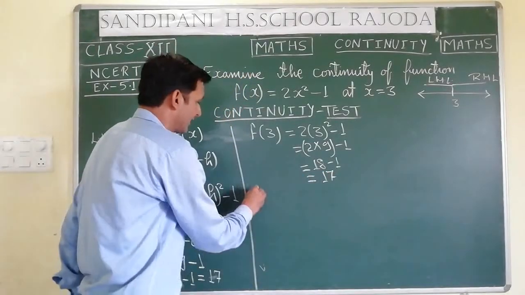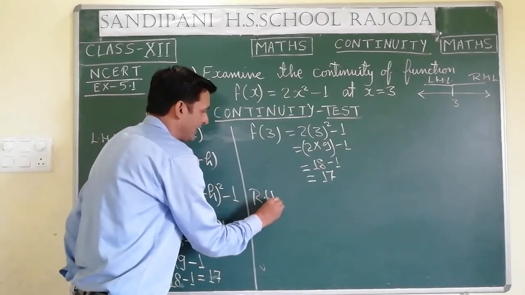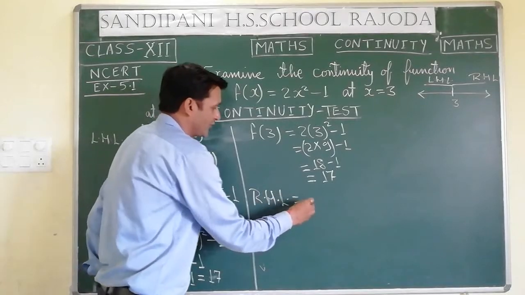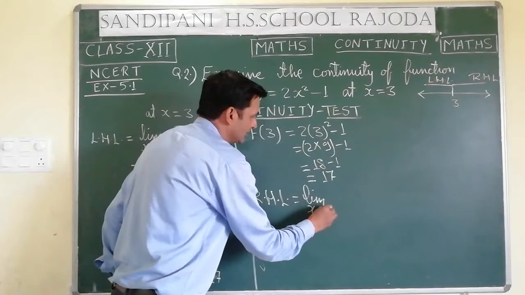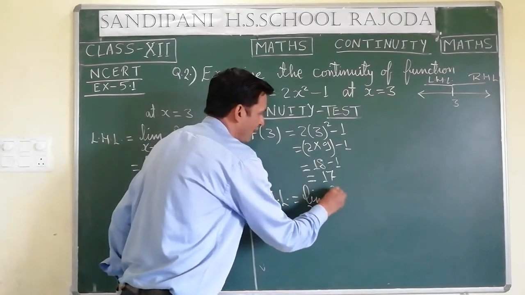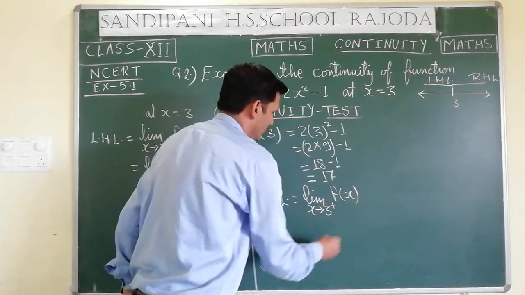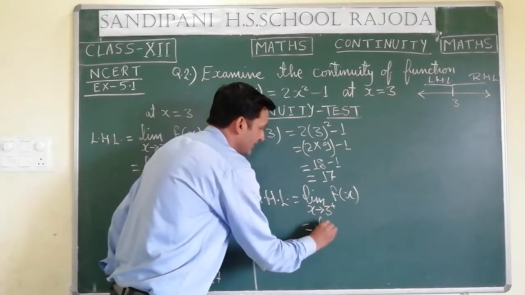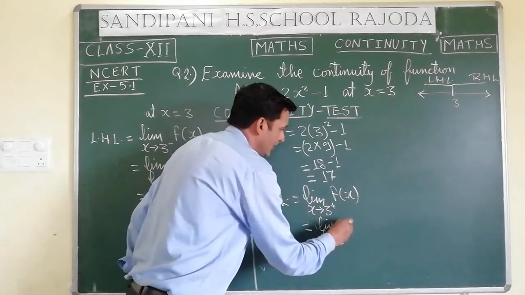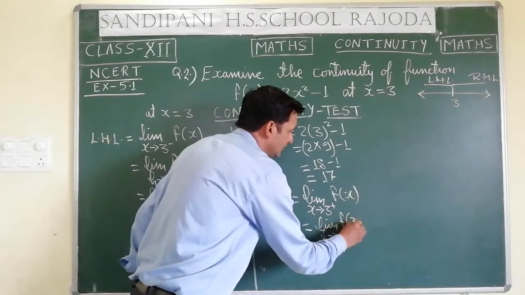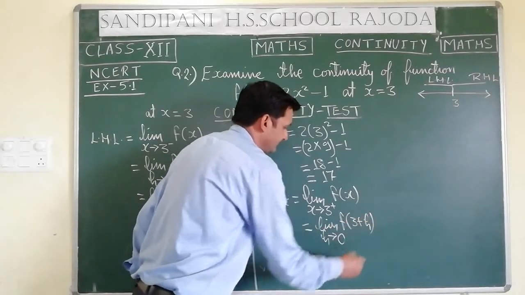Now right hand limit. For right hand limit we have to assign it in the manner limit x tends to 3 plus f of x, which is equal to limit h tends to 0 f of 3 plus h.